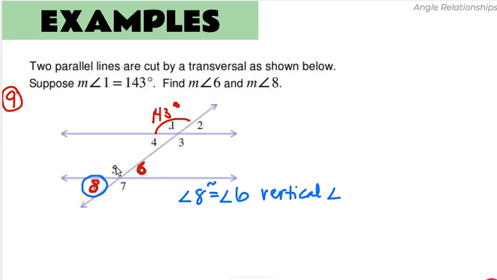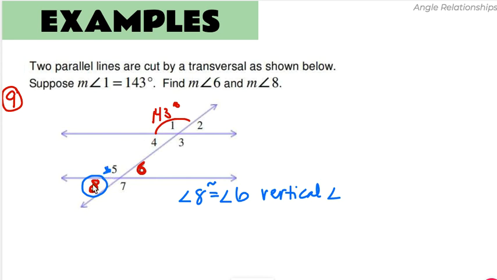Well, I can't do corresponding angles, which would mean that 1 and 5 are equal because they're in the same exact position, right? That doesn't get me 8 right away. If I look at alternate exterior, 1 and 7 would be alternate exterior, but I want 8.